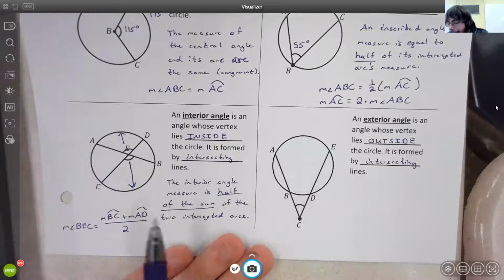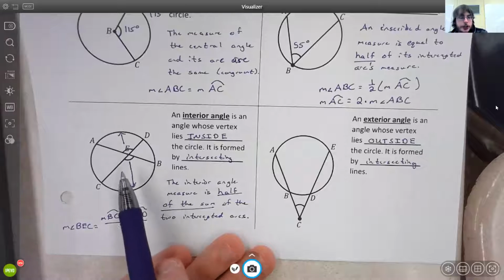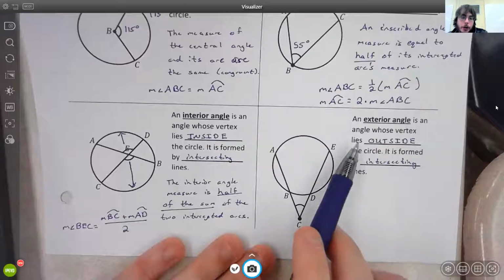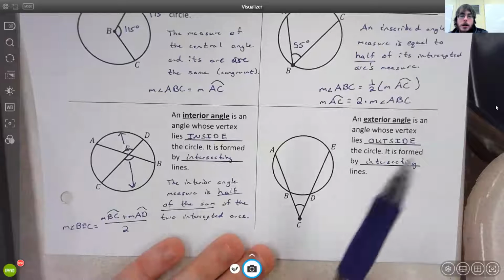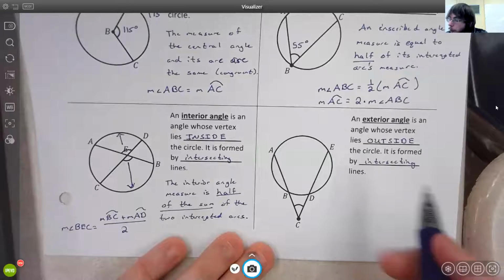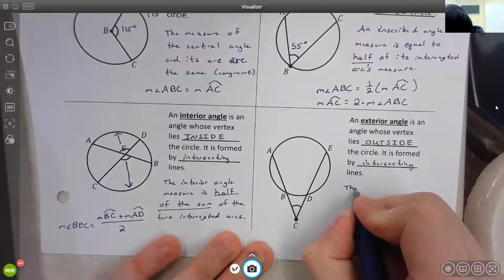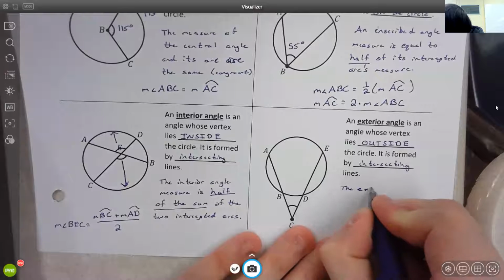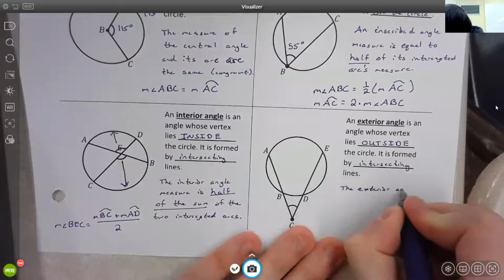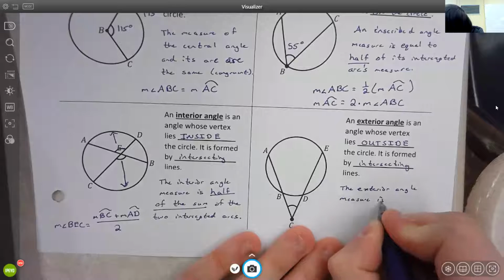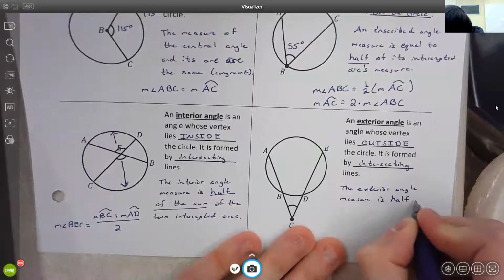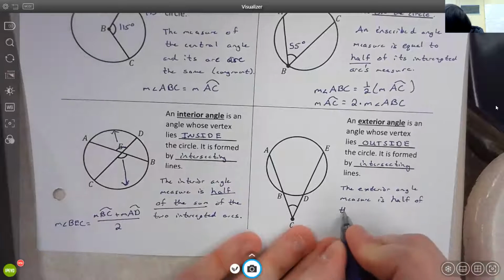So if we added for an interior angle, what do you think we're going to do for an exterior angle? Well, the exterior angle measure is half of the difference.